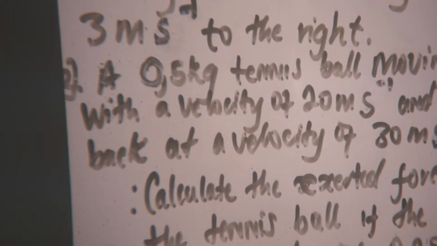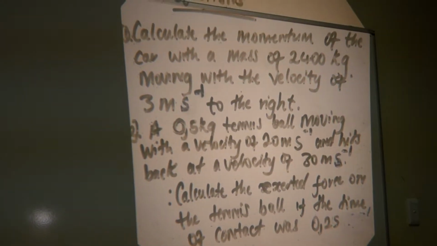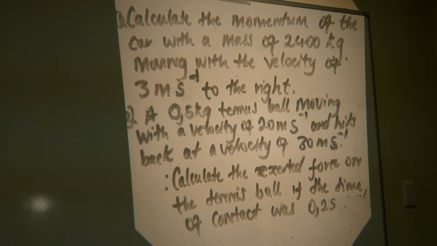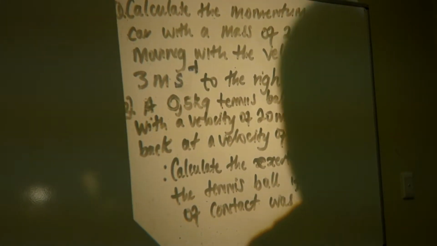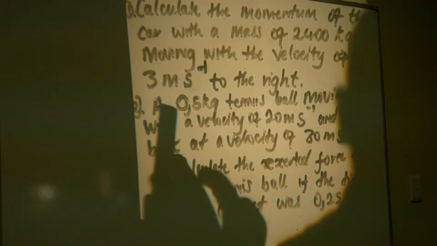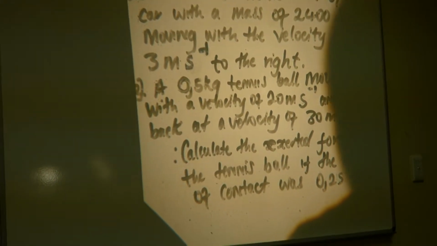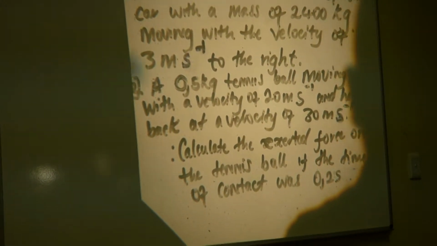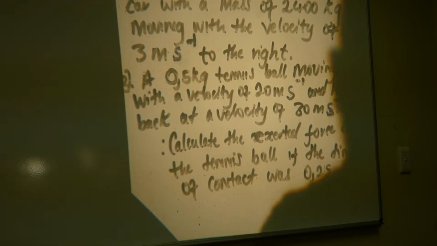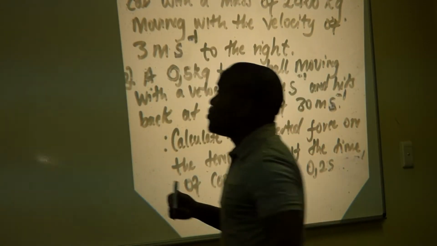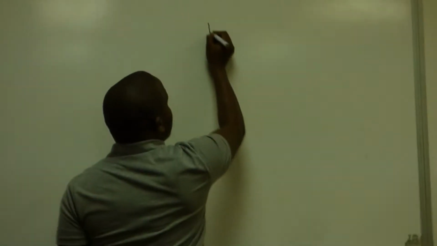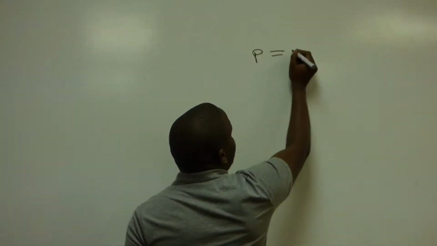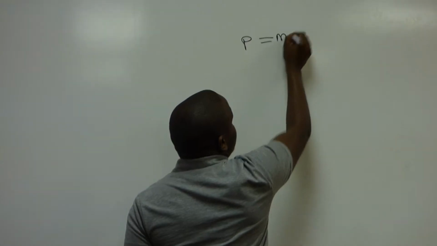The question says, calculate the momentum of the car with a mass of 2,400 kg, moving with a velocity of 3 meters per second to the right. So I'm going to do these two questions for you so that you follow the algorithm. Now let's do it. We define momentum by a small p, and we say momentum is the product of mass and velocity.